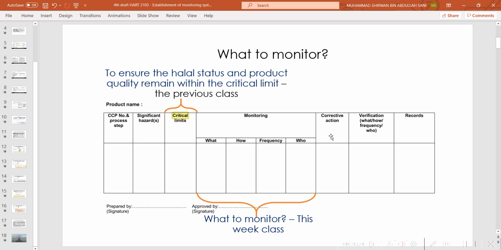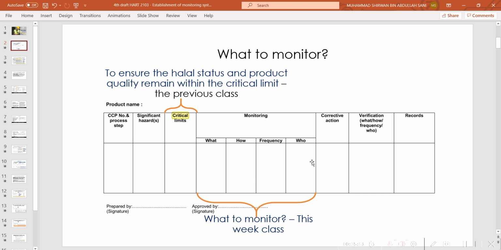Okay, so I think that's all from me. I hope that you have learned a little bit about this Halal Tayyiban Risk Management Plan summary. So we talked about critical limit last class. This class we talk about monitoring. Okay, so under the monitoring there are four sub-columns: what, how, and then the frequency and who is the responsible personnel to carry out the monitoring.